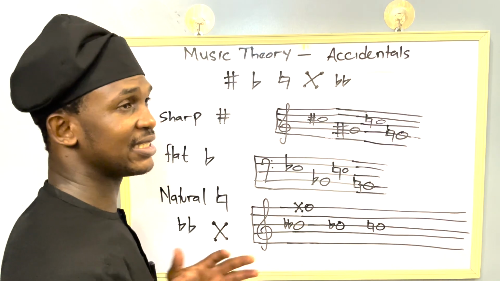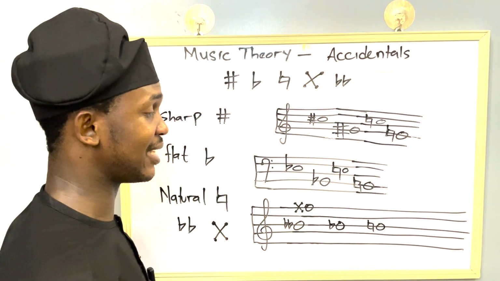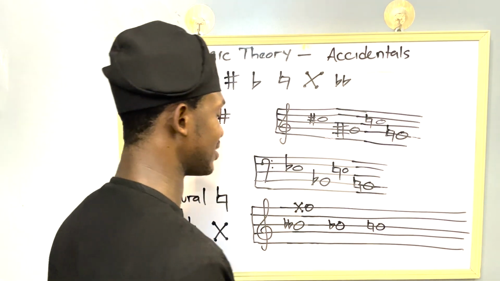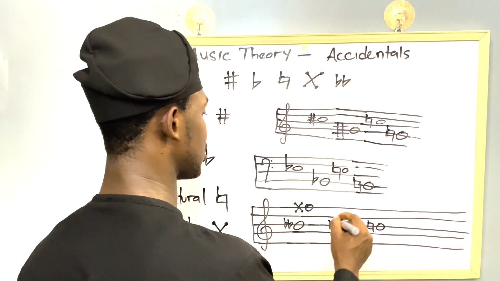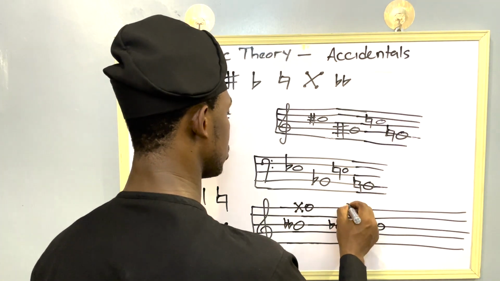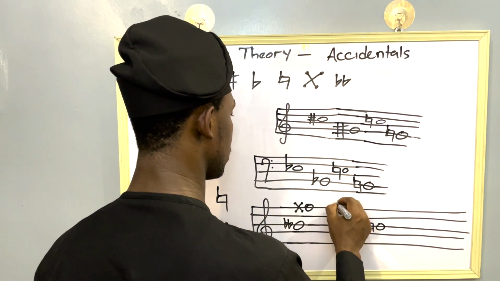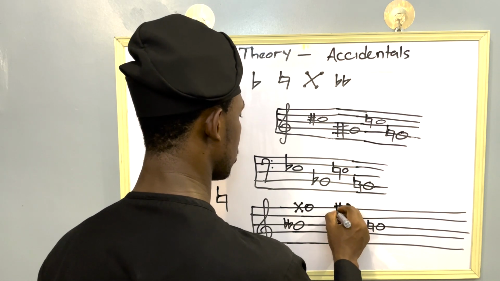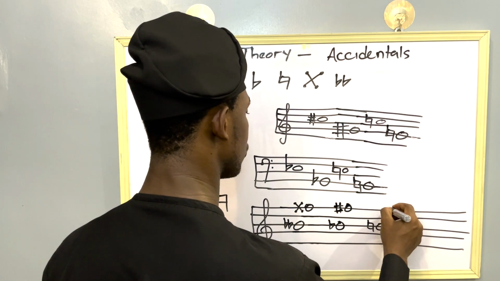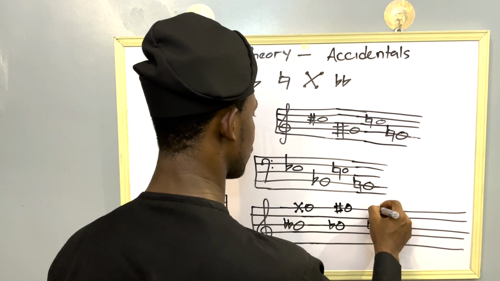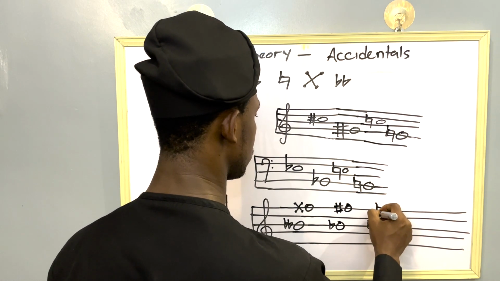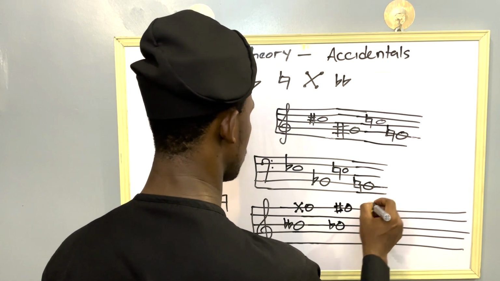So that is the way we use accidentals in music. And if you want to revert this, you can just either write F sharp again, or when you want to restore it back to F natural, you just use the natural sign also.